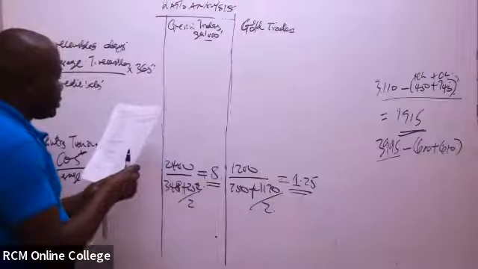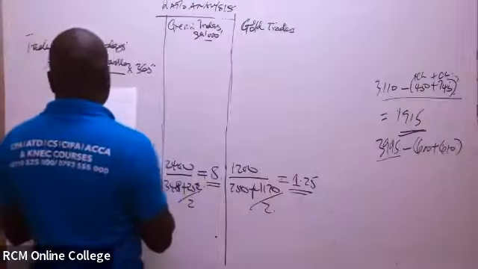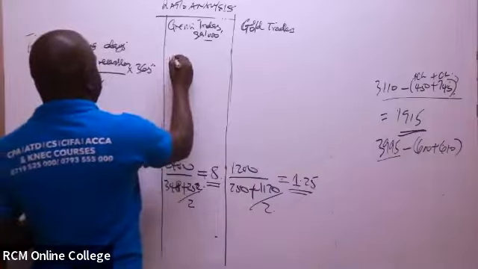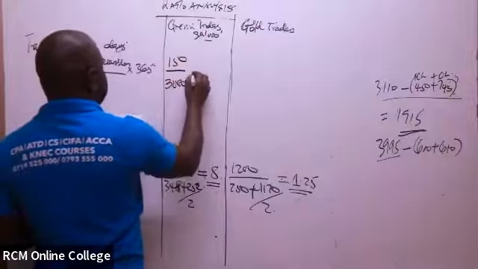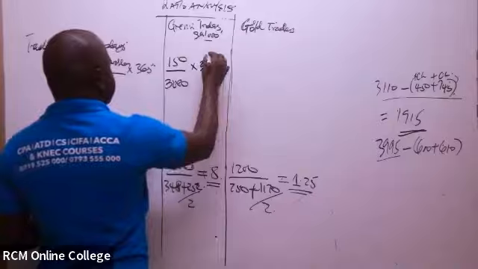So for green traders it is 150. You divide by 3 million and multiply by 365.